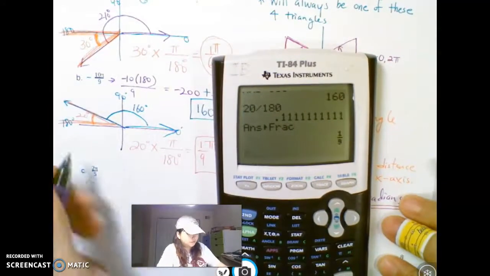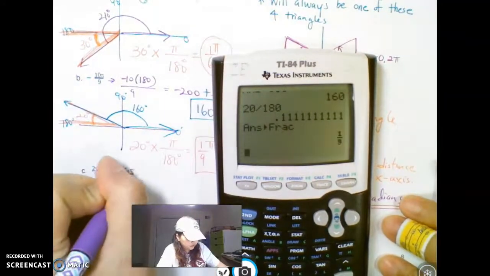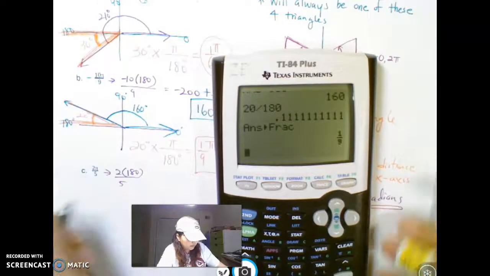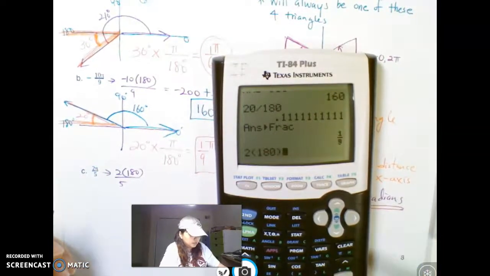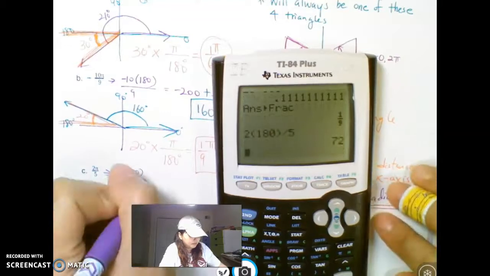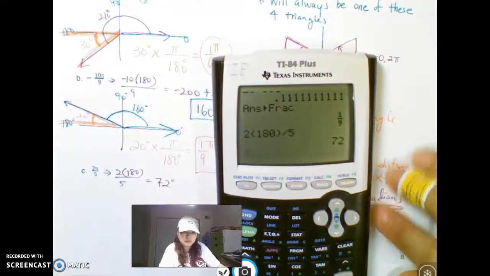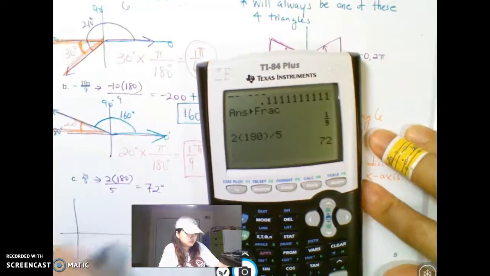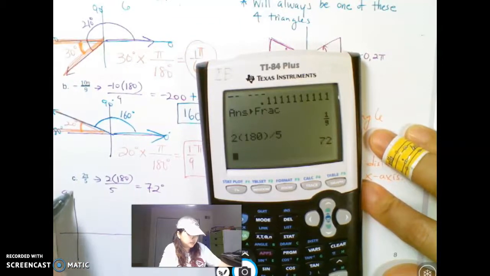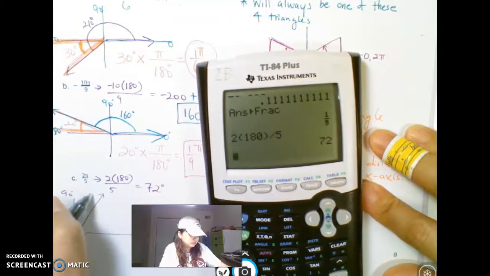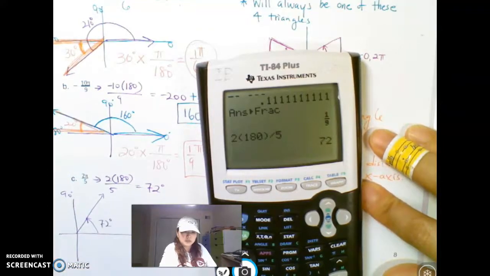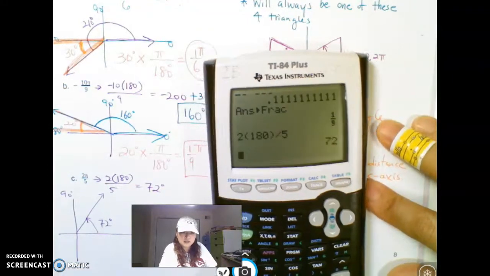2 pi over 5. So I'm going to convert: 2 times 180 over 5. That is 72 degrees. So all you have to do is draw the 72 degrees. Here's 0, here's 90. Here is 72. It's before 90. And guess what?